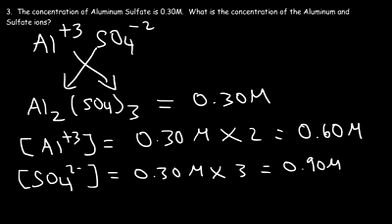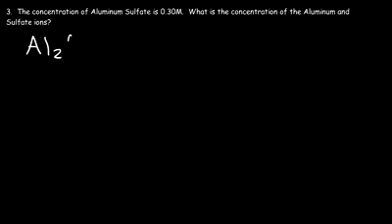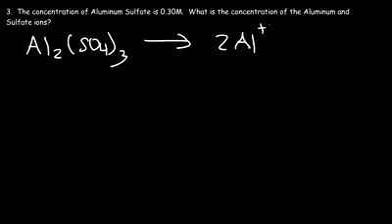Now, for those of you who need to show your work, here's what you can do. The first thing you should do is write the dissolution of aluminum sulfate. Aluminum sulfate breaks down into 2 aluminum cations and 3 sulfate ions.